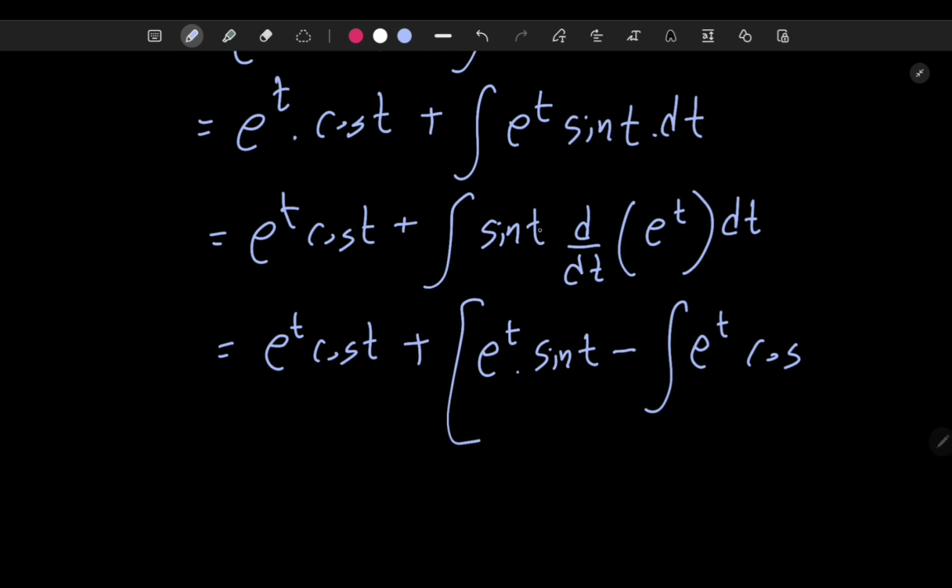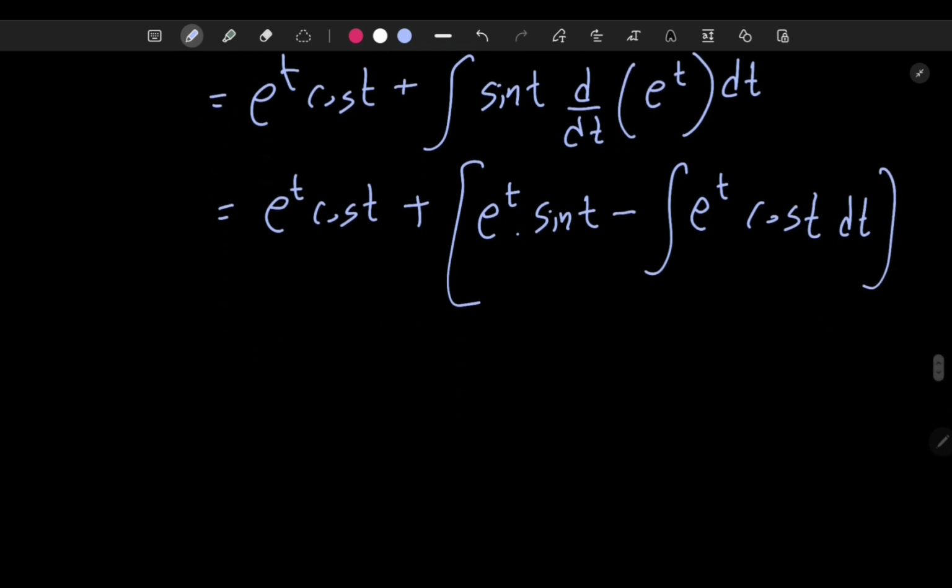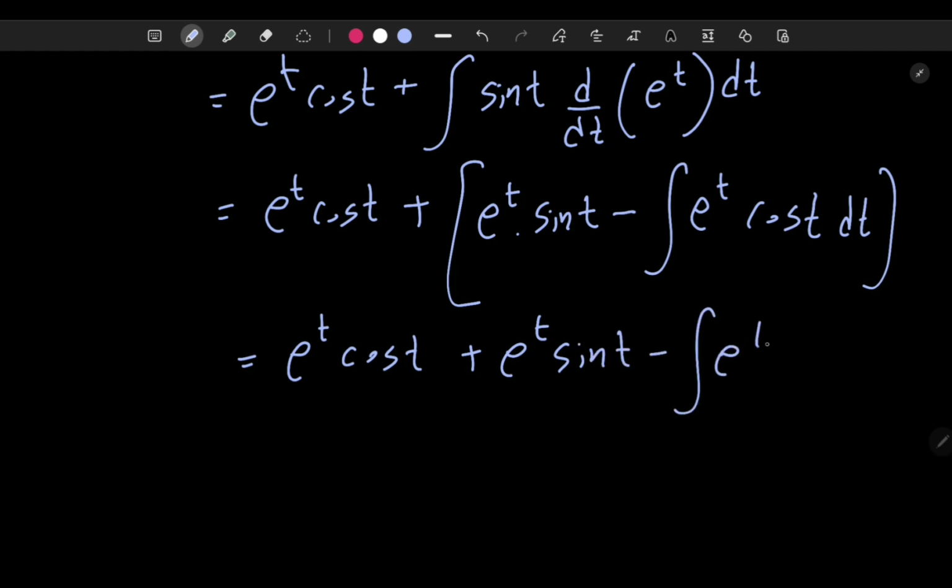The angle is t, so I am writing t here, and integrating in t, so there is a dt here. So it is e to the t cos t plus e to the t sin t minus the integration of e to the t cos t dt.